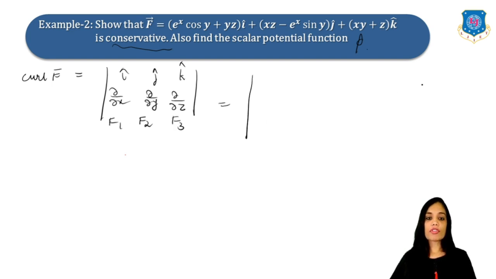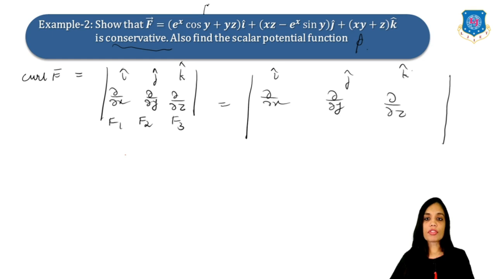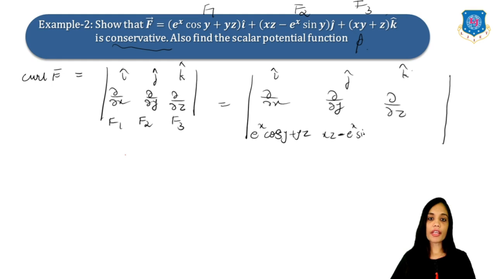Now just put the values. First write i j k as it is, second row also as it is. f1 is e raised to x cos y plus yz, f2 is xz minus e raised to x sin y, and lastly f3 is xy plus z.